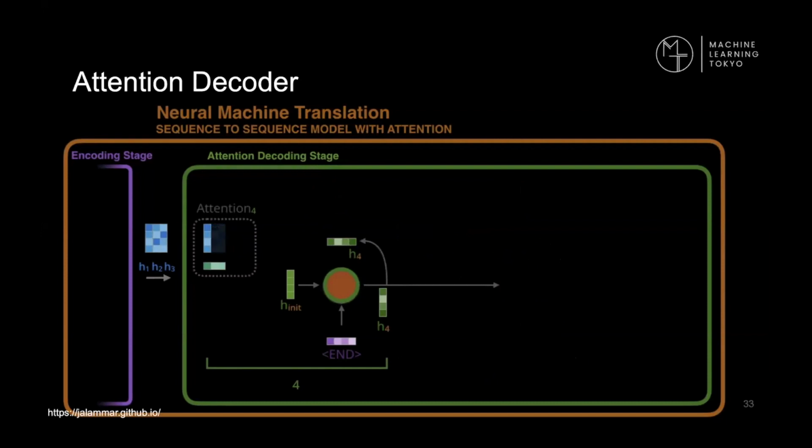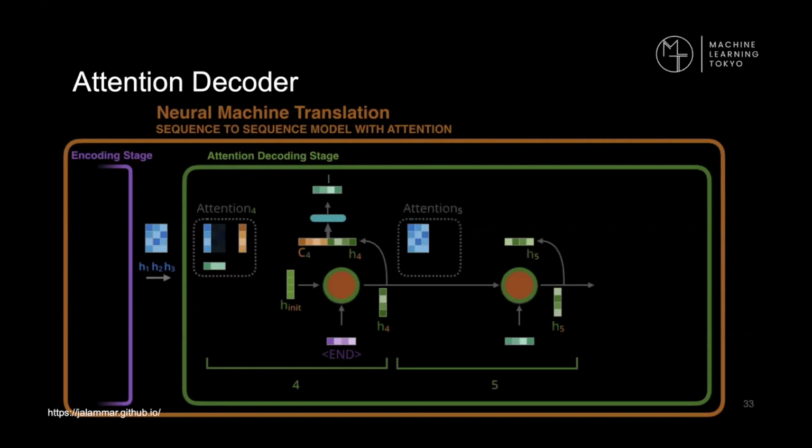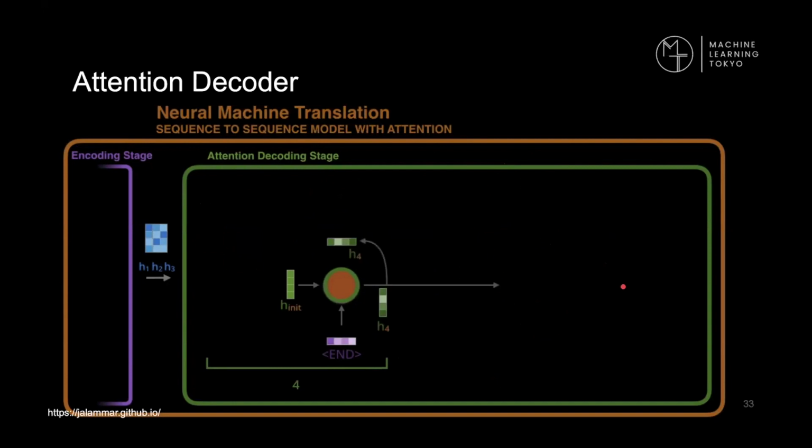For each step, we apply some sort of weighting to all the hidden states of the encoder. We make a context vector out of it. We concat this context vector with our hidden state given from the decoder and just put a multi-layer perceptron at the end to get an output. So it's going to give you I, and then it's going to give you M. And then if you continue this, it's going to give you a student at the end. So this is how an attention decoder works.